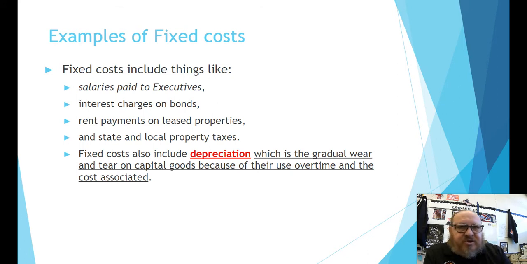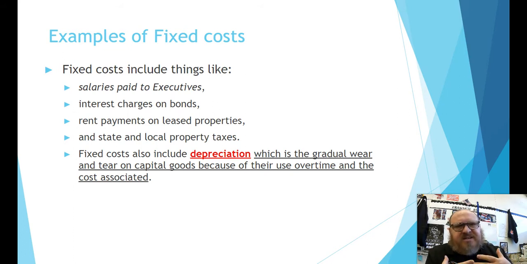So it might also include depreciation. We talked a little bit about depreciation when we talked about cars, right? So depreciation is the value that is lost due to wear and tear on, in this case, a capital good, a tool. Okay, so machinery tends to wear down with use. Computers get old and you have to replace them.